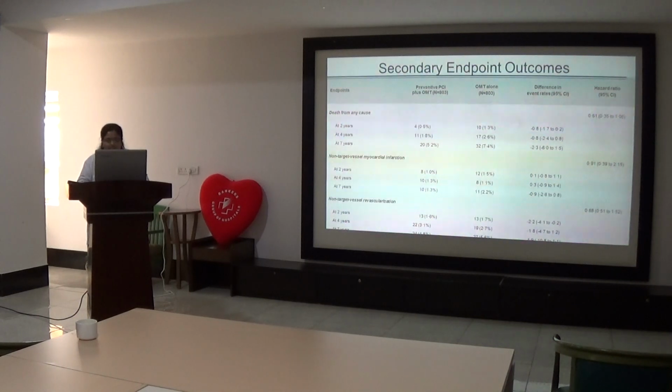Non-target vessel MI at 7 years has become 10 and 11. Now apart from the target we were chasing, the MI of another artery has also come, so you do two treatments, what does that mean? In secondary endpoints there is nothing beneficial. So they have only mentioned based on the primary outcomes which they have achieved.